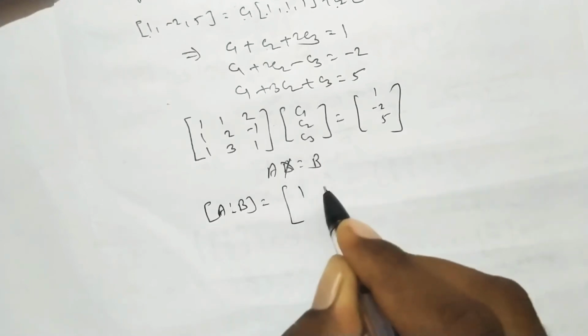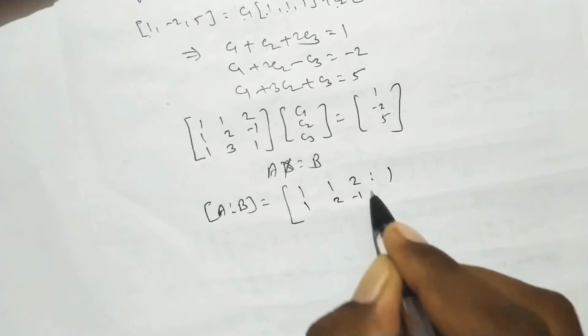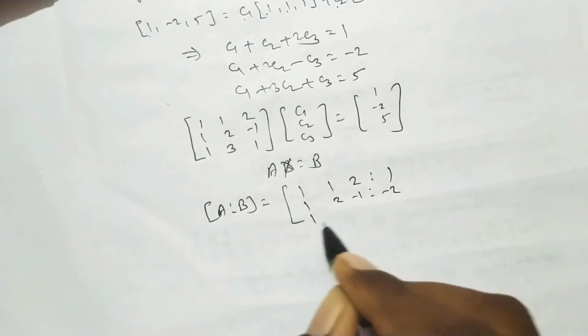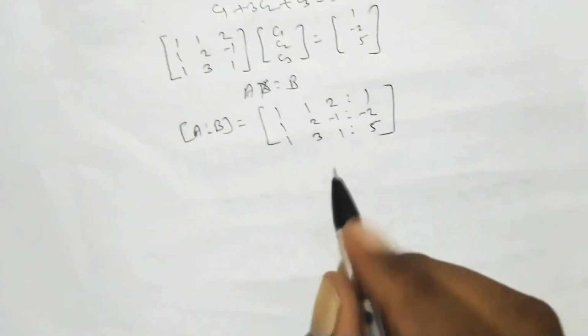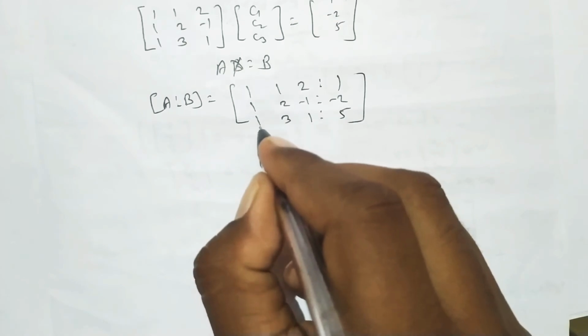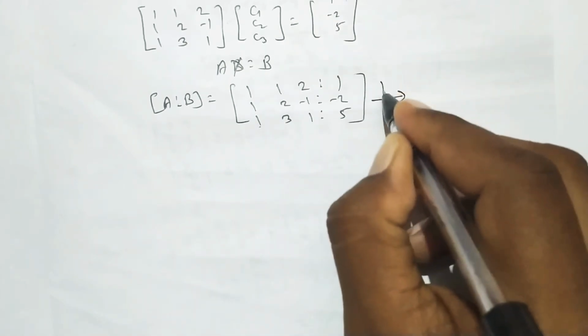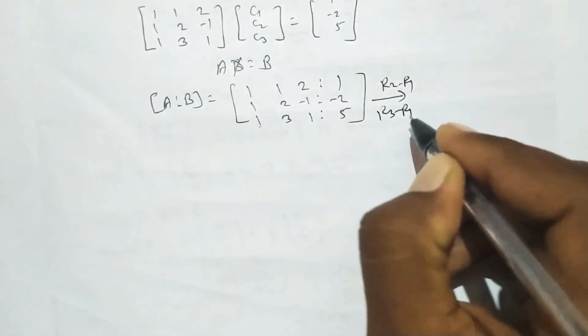So the augmented matrix AB is here [1 1 2 1; 1 2 minus 1 minus 2; 1 3 1 5]. Okay, and to reduce this matrix to canonical form, we have to make this element 0 and this one 0. So use the operations R2 minus R1, R3 minus R1.